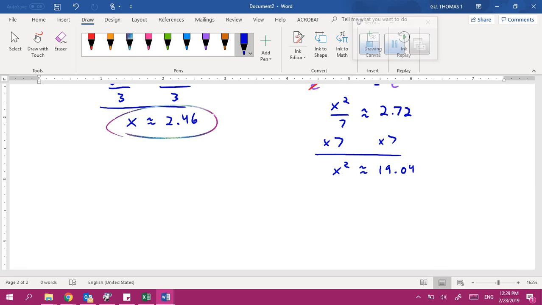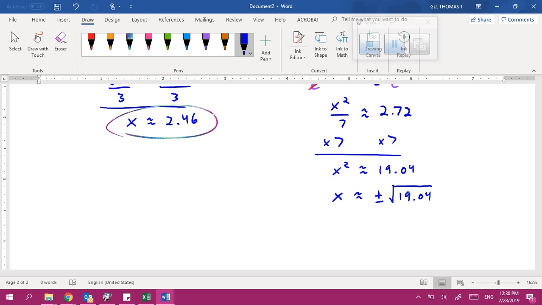Square root. Now, you got to consider the answers, right? If you consider the possibilities here, when you take the square root, your answers are always what? Plus or minus, right? So technically, you'd have plus or minus the square root of 19.04. However, we already said, you guys already told me earlier, what is your only answer for this question?